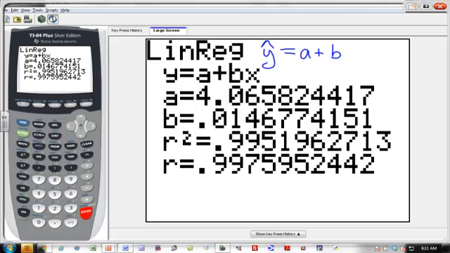You want to write X here. But what was the data list we used for X's? It was L3. L3 were all those lengths cubed. Really what we have found is a model that looks like y hat. If I want to predict the weight, I take A and add on to it B times X cubed.